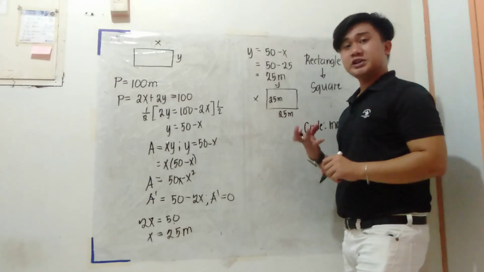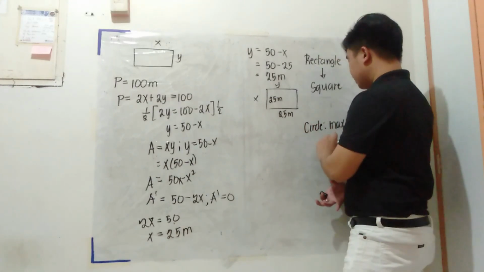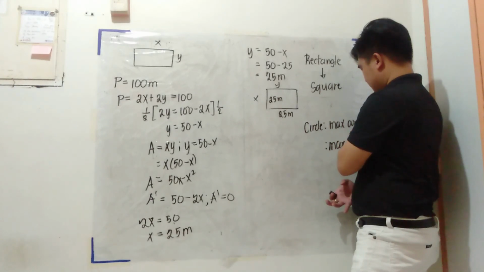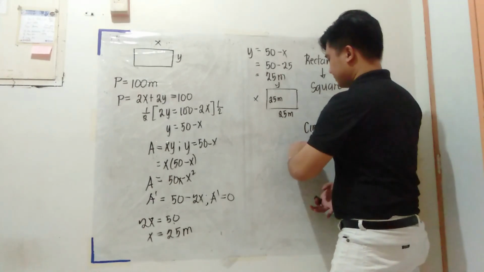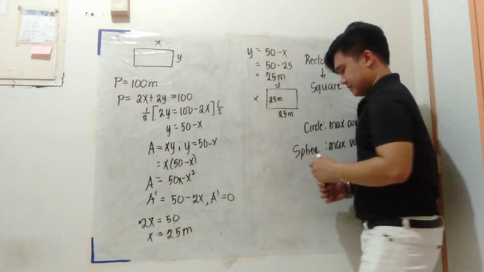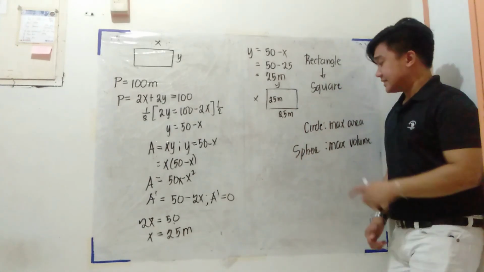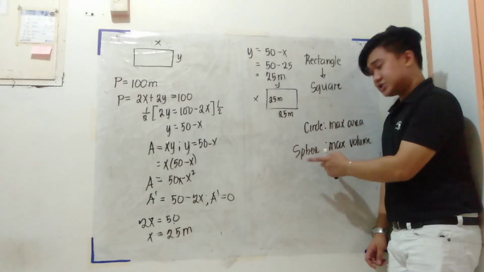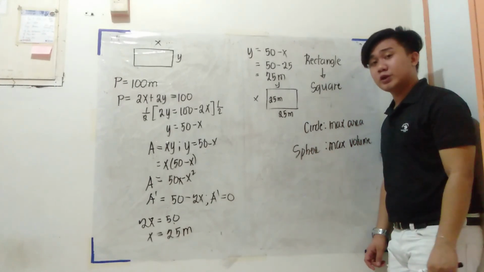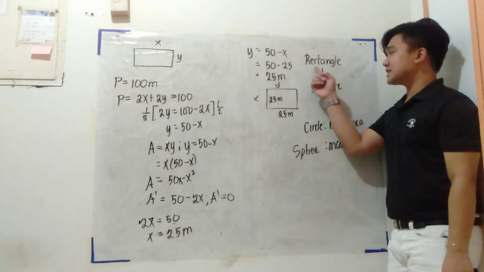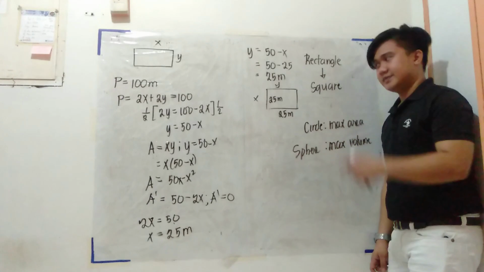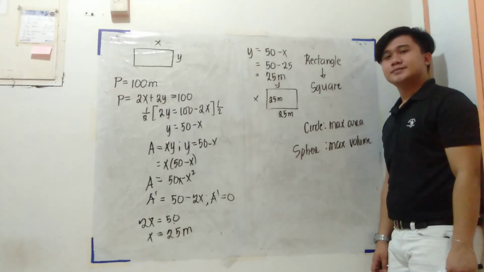Tapos, anong solid shape ang may maximum volume? Sphere naman po. Okay, tatandaan nyo yun ha. Circle, maximum area na shape. Sphere, solid shape na maximum volume. Ang rectangle, pag minaximize ko, magiging square. Okay? So, take down these notes.